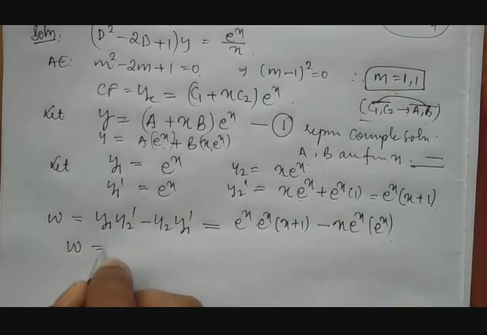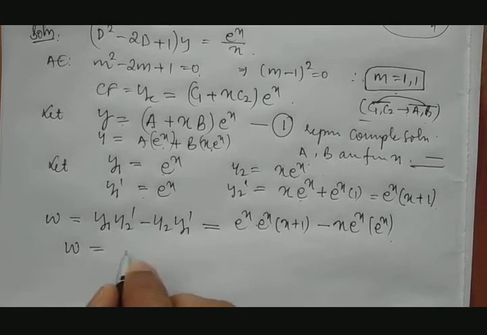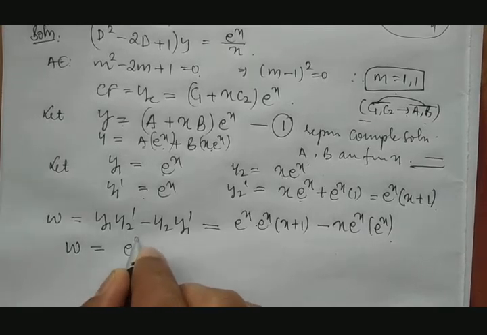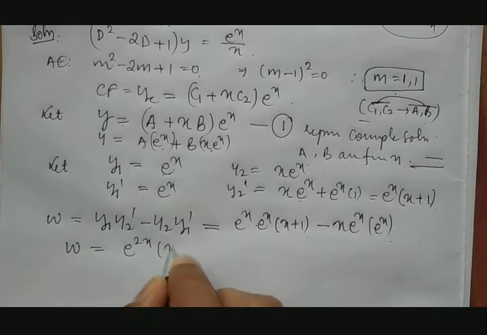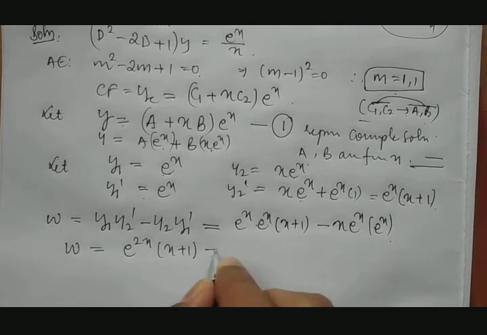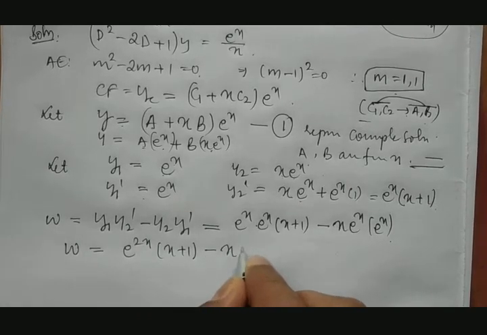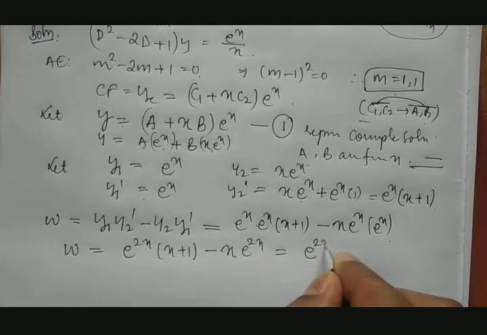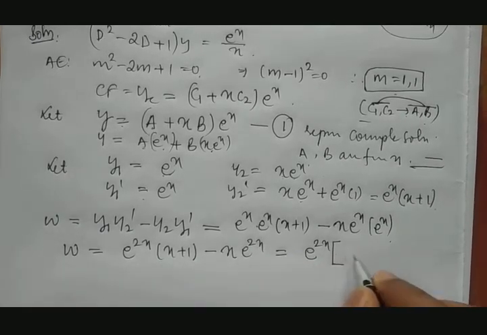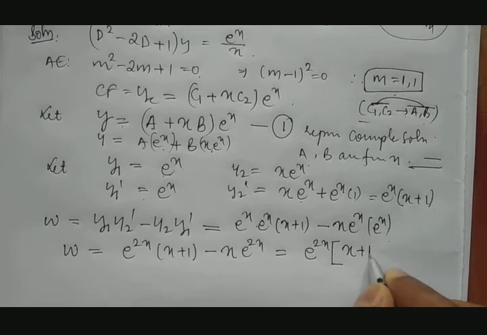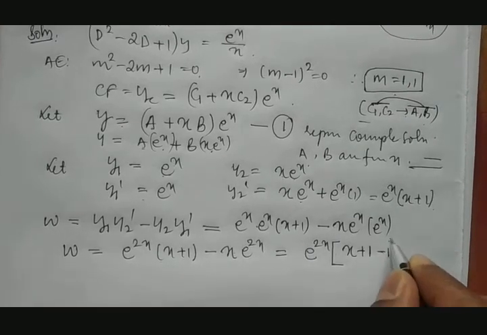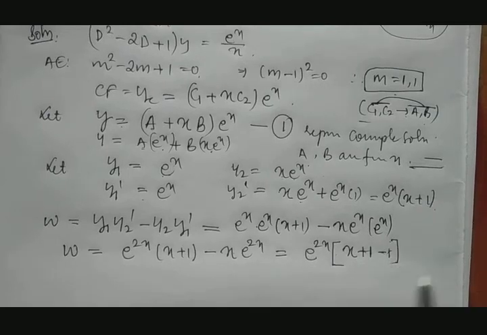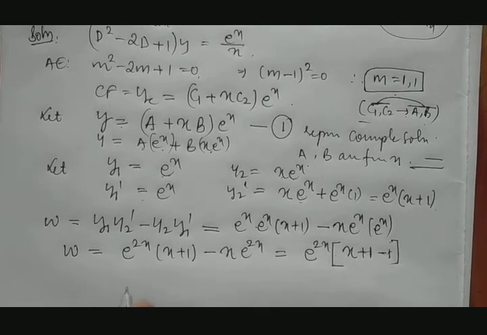Therefore W is equal to e raised to 2x into (x plus 1) minus x into e raised to 2x. If we take e raised to 2x common, inside the bracket we get x plus 1 minus x.